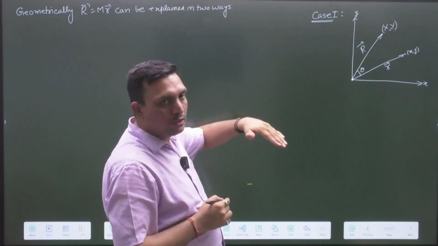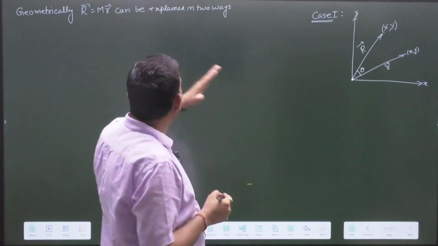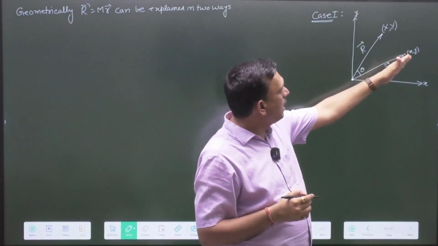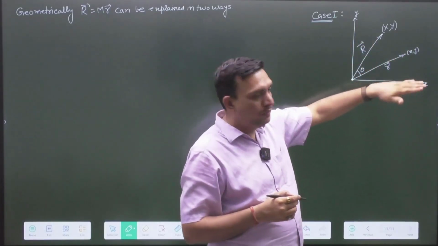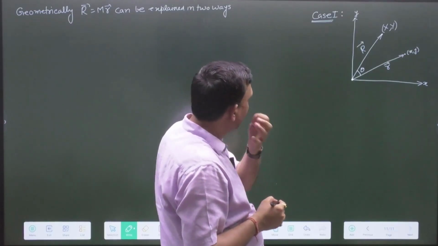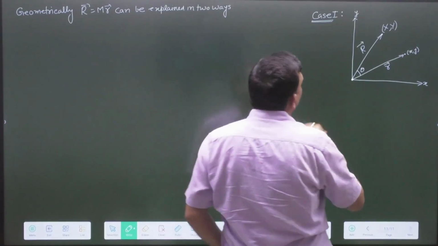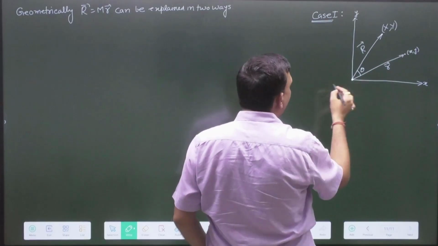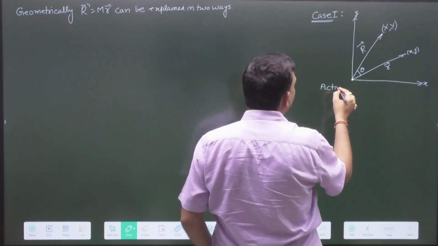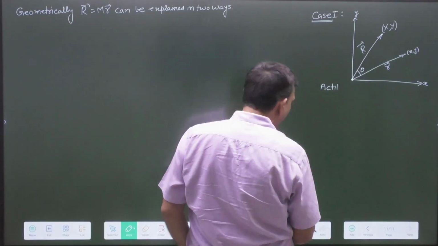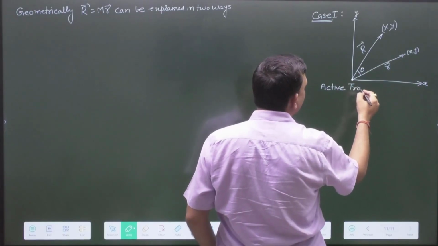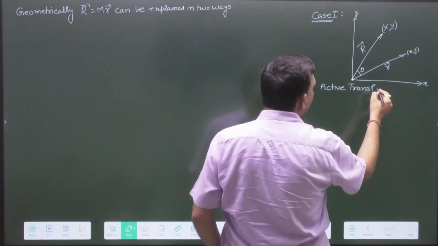In the same plane, you get another vector. This type of rotation is called active transformation, where the vector is rotated.